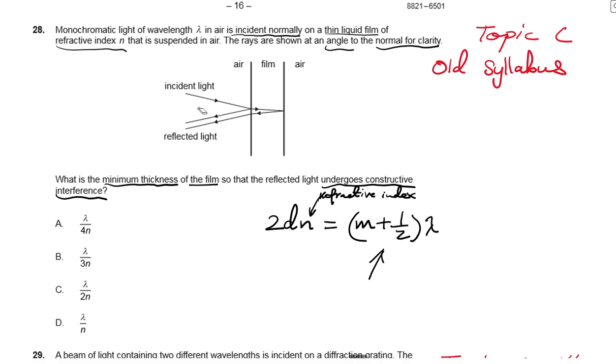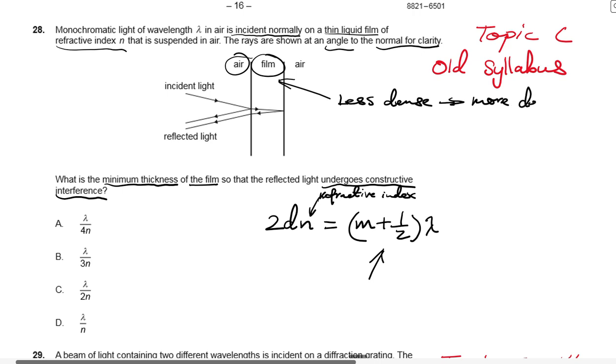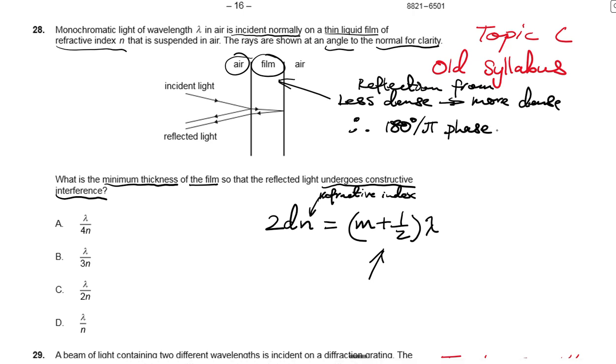But when we have a reflection from a less dense to a more dense material with light specifically, then we have a phase change of 180 degrees, or pi.